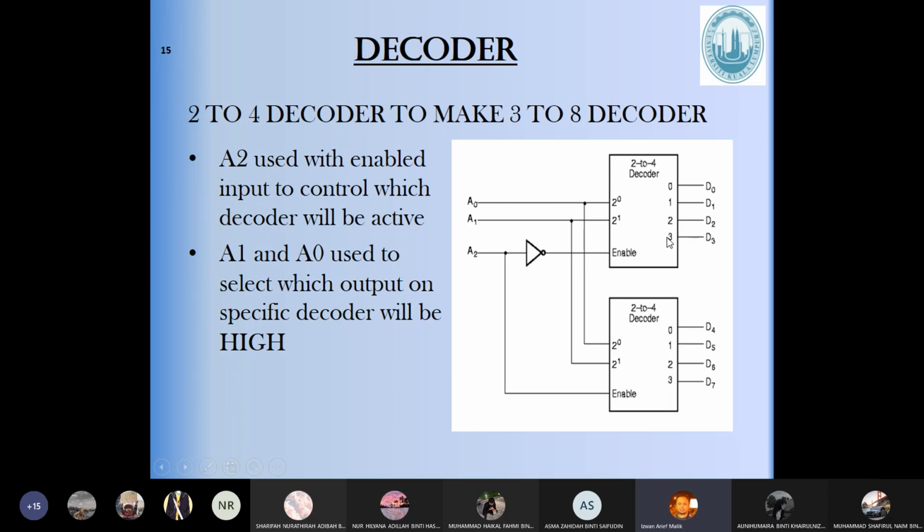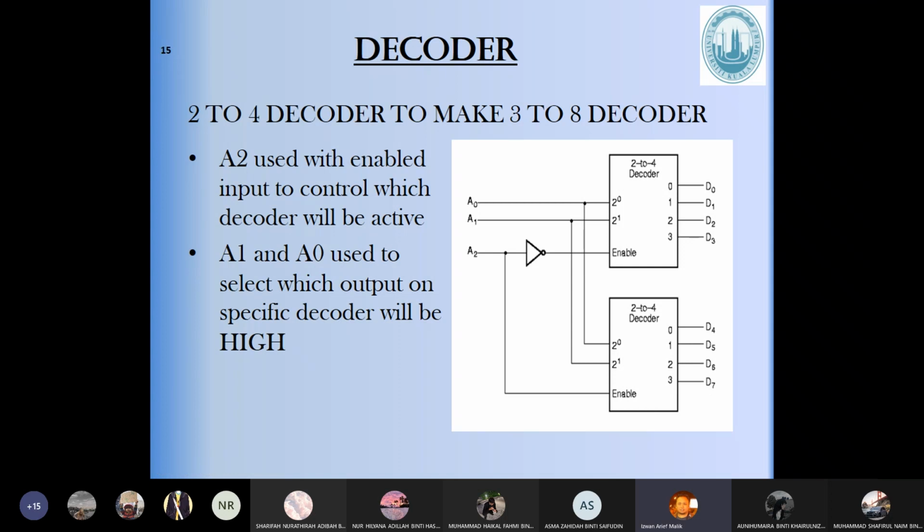Okay, another example kalau 1, 1, 1. So 1, 1 we know D3 or D7 will become high. But the enable input is 1, so the first decoder here will receive 0 at the enable, and the second decoder will receive 1 at the enable, meaning that this decoder will shut down sebab enable dia kosong, switch dia off, yang ini switch dia on, so D7 yang akan jadi high.